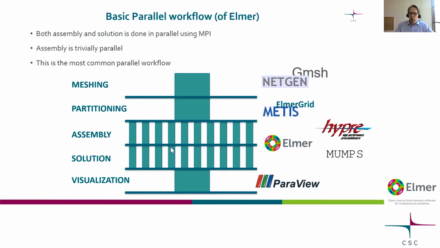Both of these processes may need to exchange some information, which is carried out by these MPI instructions. And then finally visualization is also done typically in serial. This kind of workflow easily scales up to tens or hundreds of cores. You don't have to care so much about these pre- and post-processing steps. These steps come with certain software, and the solution is mainly taken care of by Elmer, but it can utilize external libraries for the solution of the linear system.